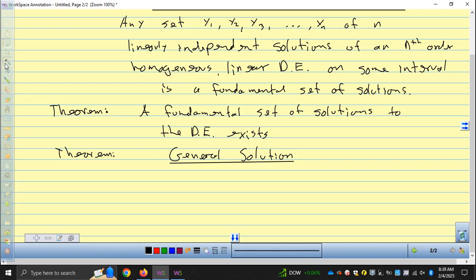Our theorem says if we have a fundamental set of solutions, then we have the general solution. So we're going to let y1, y2, up to yn be a fundamental set of solutions.